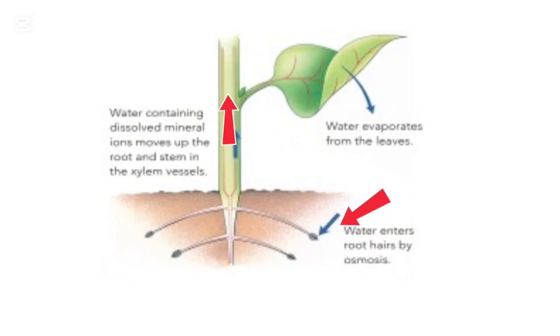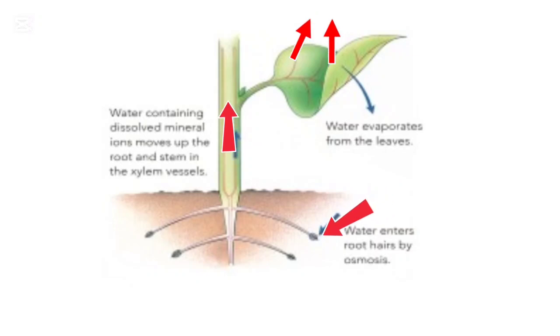Xylem transports the water from the soil, and when the water reaches the aerial parts of the plant, only a minimum percentage of the water is used by the plant during photosynthesis and other activities. The rest of the water evaporates from the leaves and other parts of the plant.